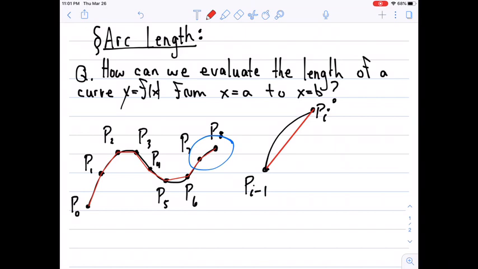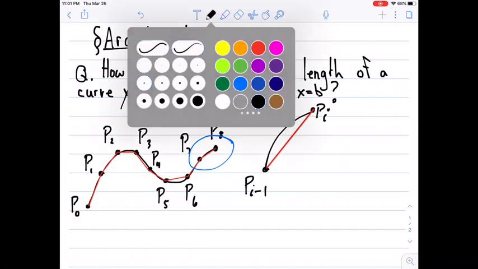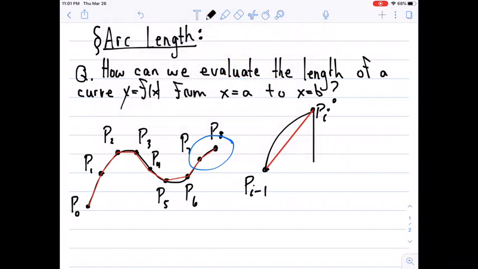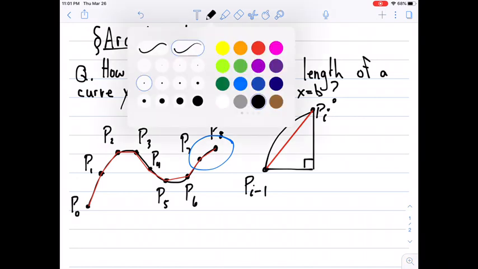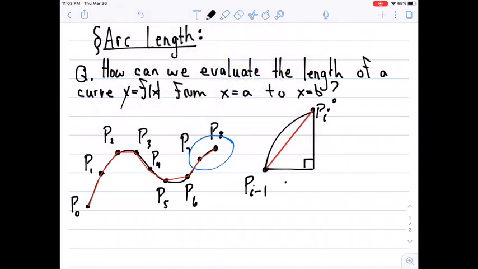Well, that's not too bad. All we have to do here is set up the Pythagorean theorem. We have our right angle triangle, and we know that here the length of our base is going to be our change in x between the 2 points, and the height is going to be our delta y. So what does that mean then?